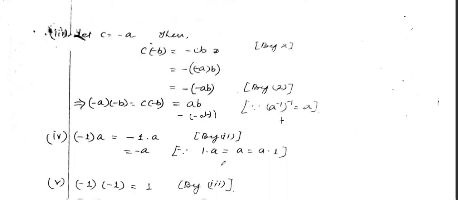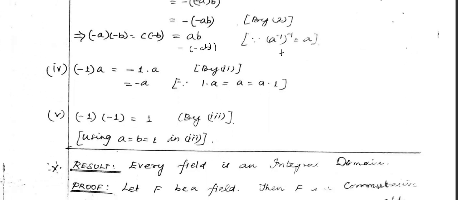So it is with regard to addition that minus of minus ab is ab itself. So this one, minus 1 into a, you have this. Again, for a equal to b equal to 1, if you take it in the third one, you get this.